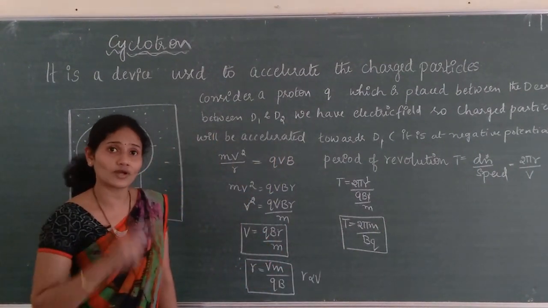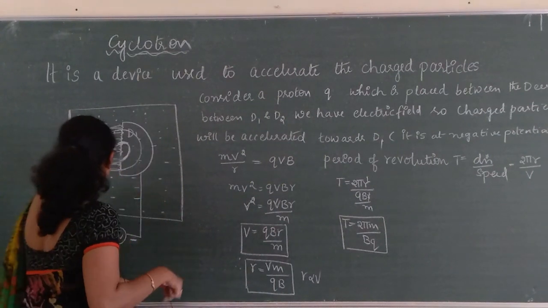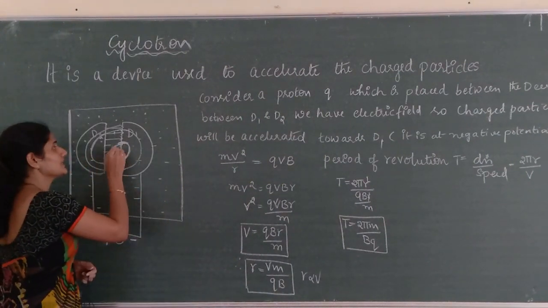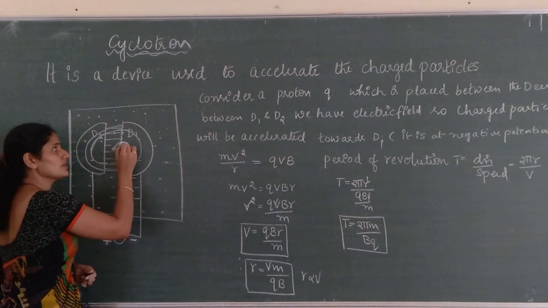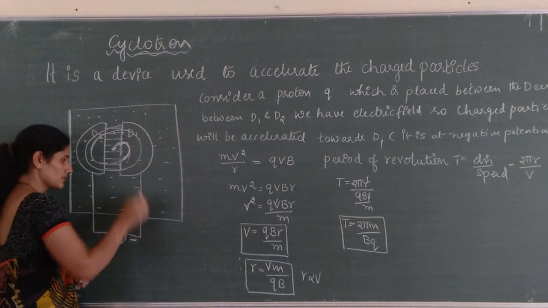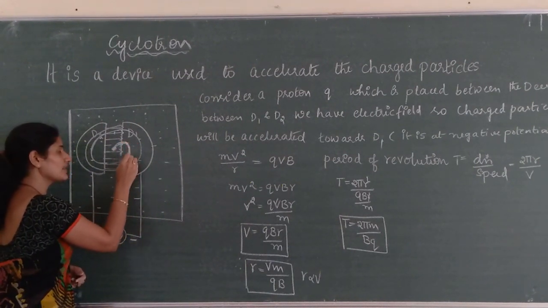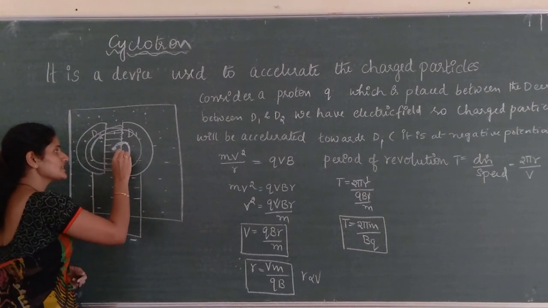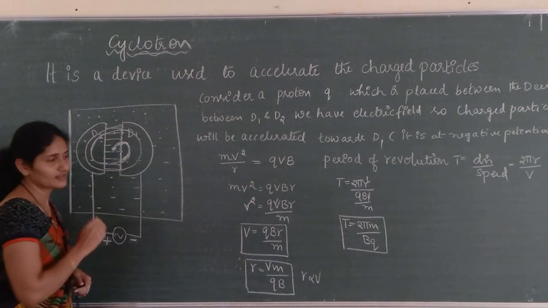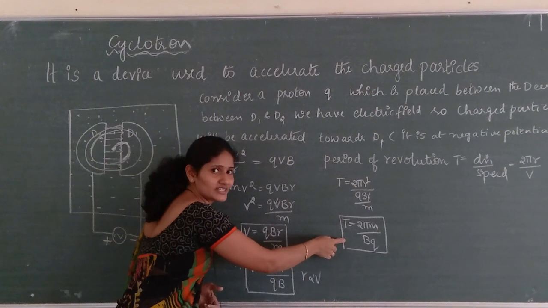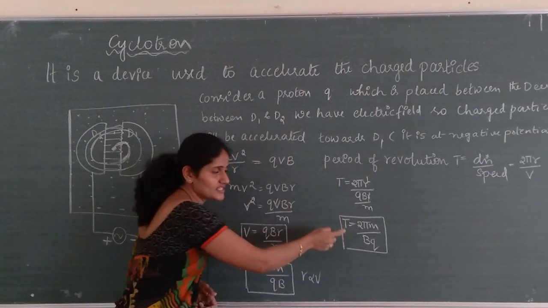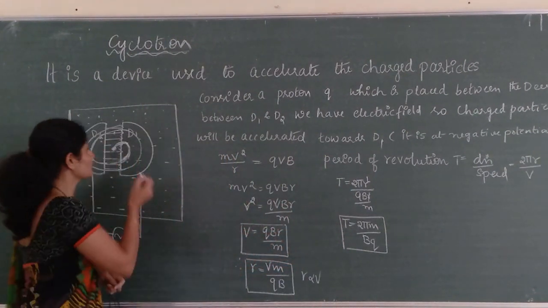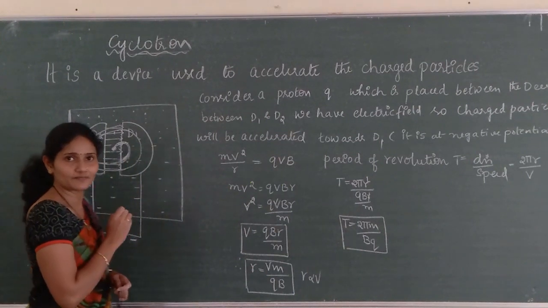That means the time for one revolution. Here, let us see the expression for the time taken by the charged particle to describe a semicircle. This is for one complete circle. What is the time taken by the charged particle to describe this semicircle?